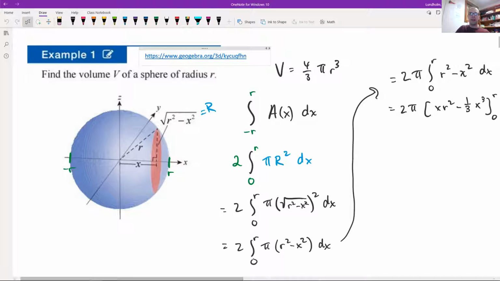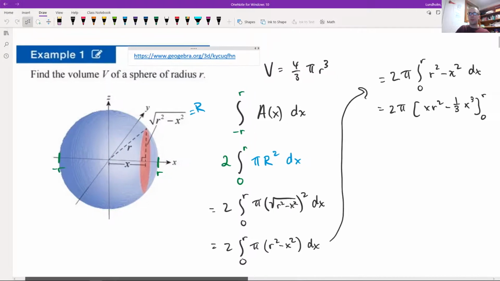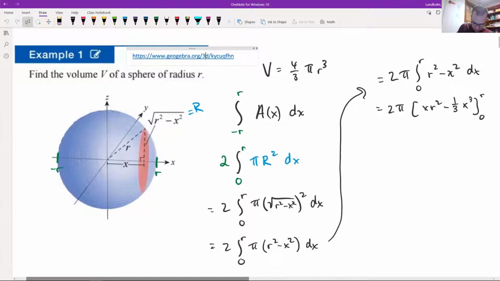All right, I'm getting over at the edge. And then when we plug in r for x, we get 2 pi times r cubed minus 1/3 r cubed.